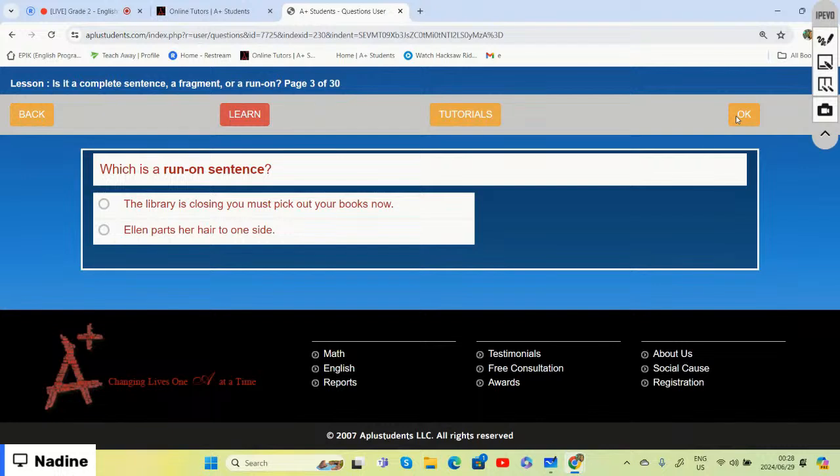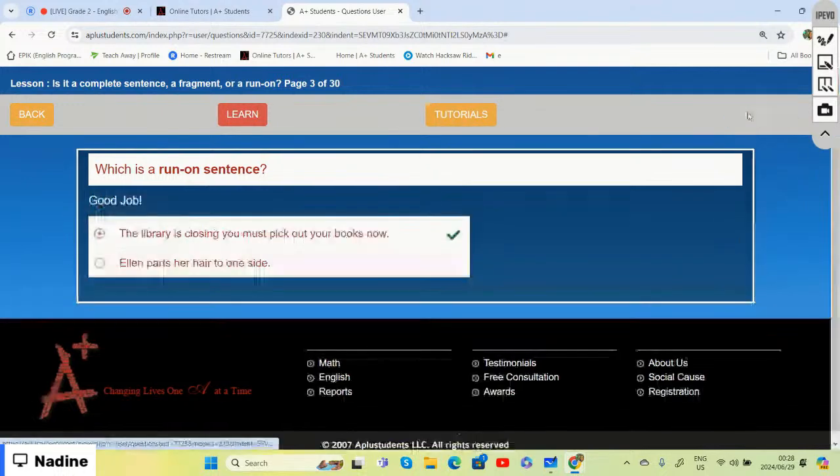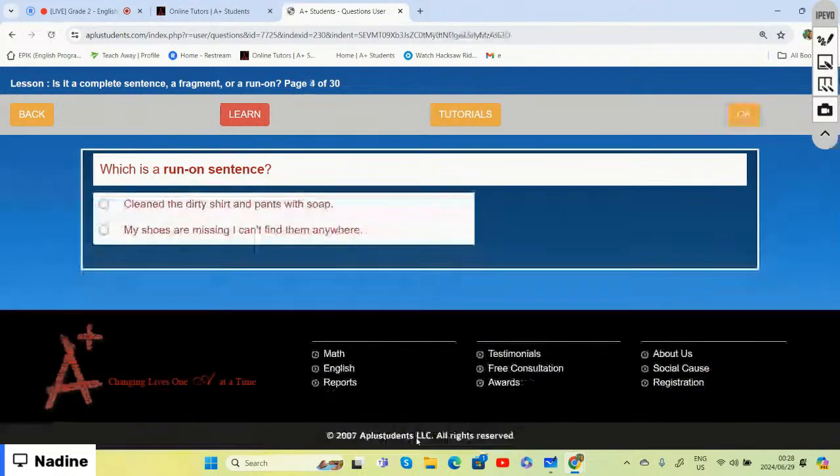All right, and if we were to choose the correct one, we will go with option one. Because if we were to separate that sentence, we would say the library is closing, period, and then you must pick out your books now, period. All right, so well done. Option one is correct.